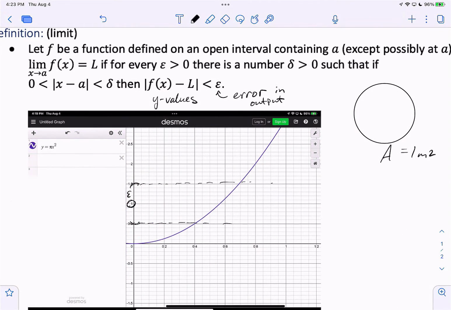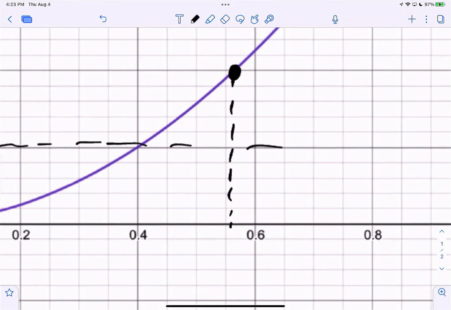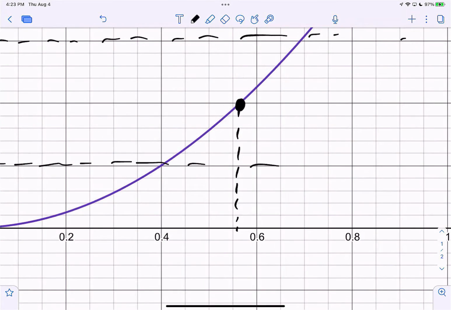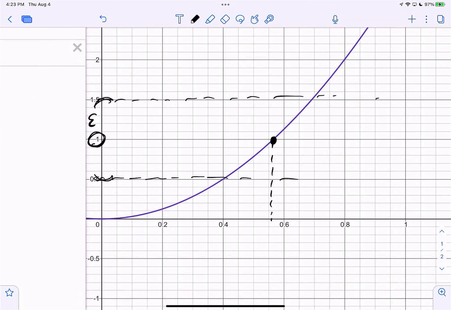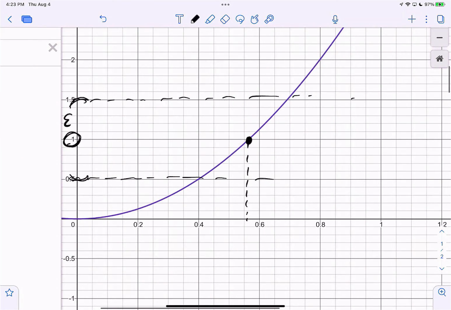Now the input that'll give me the value of 1, we can see is somewhere around, I don't know what that is, say somewhere around 0.56. But again, we have this leeway, right? I can be off by as much as 1/2 a square meter either way.